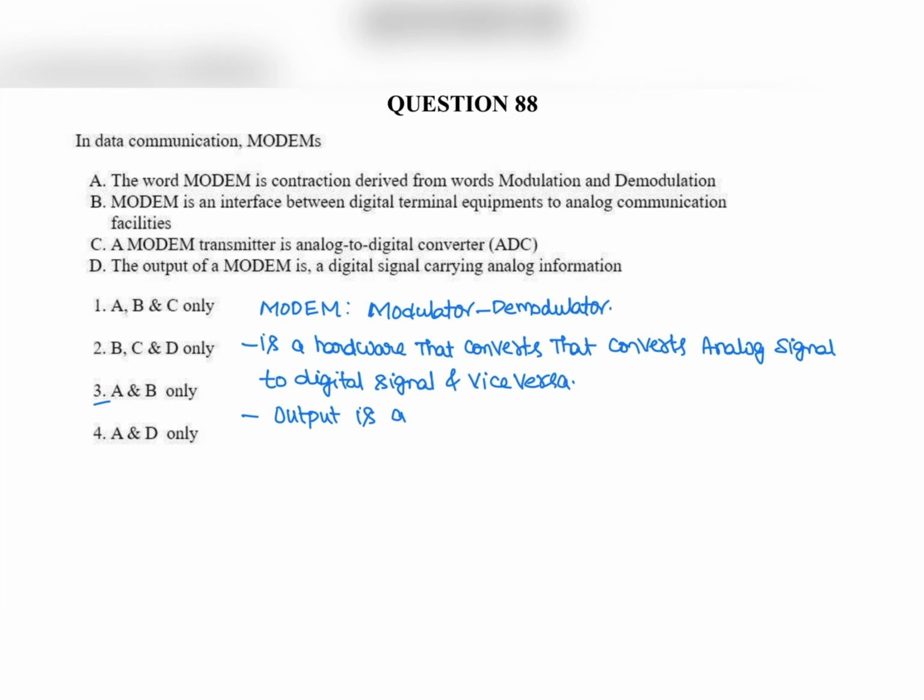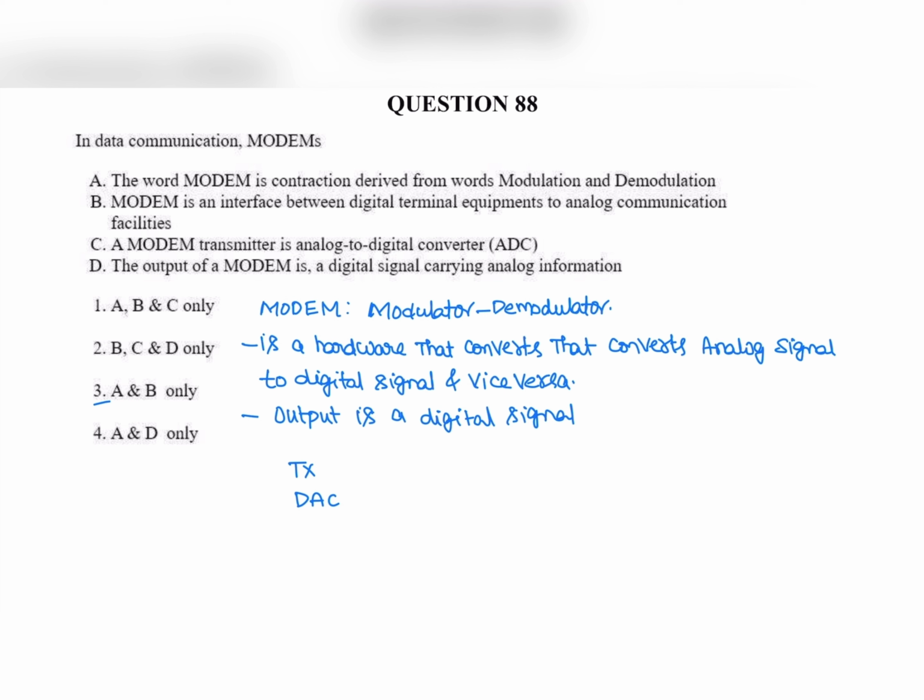Next question. In data communication, modems. This modem is nothing but a modulator and demodulator. It is a hardware device that converts analog signal to digital signal and digital signal to analog signal. The output of modem is a digital signal that carries digital information. In the modem transmitter, a digital to analog converter is used.